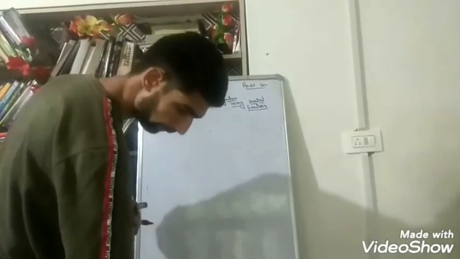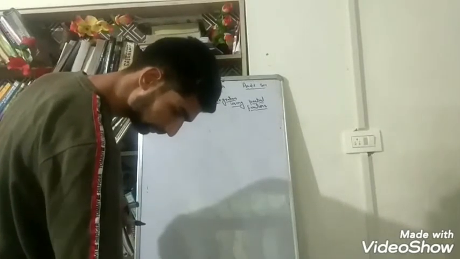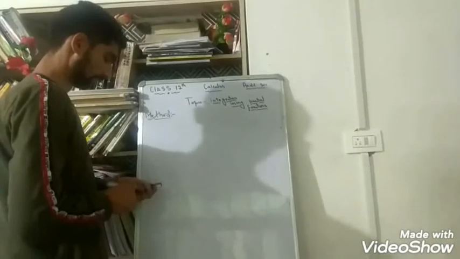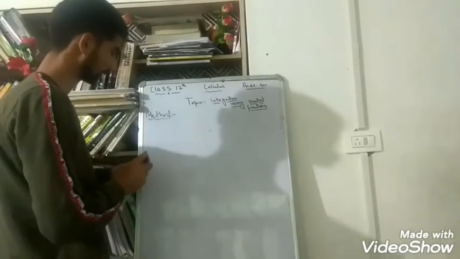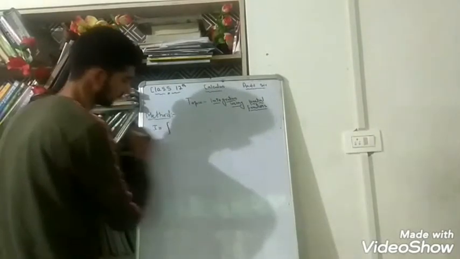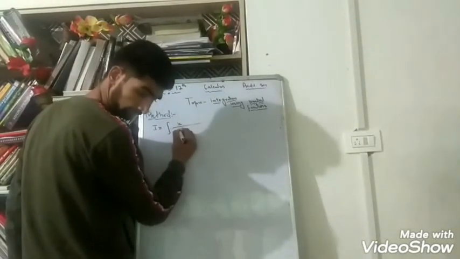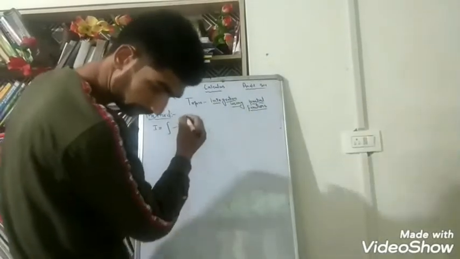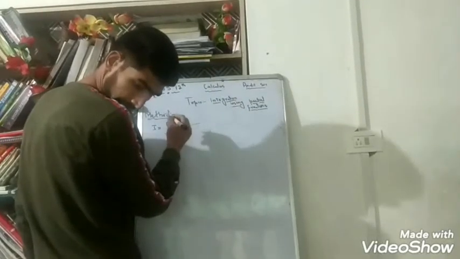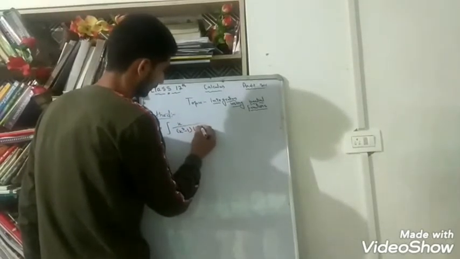So for example, I will take a simple example based on all the three things I have given you. If I have I equals the integral of x divided by x cube minus 1 times x plus 1.